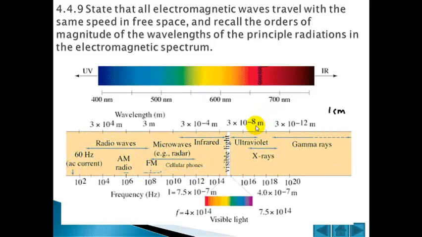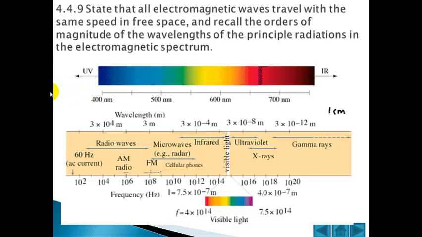And this is the whole picture, going from radio waves, which are hundreds of meters, even thousands of meters, down to about 3 meters. Microwaves from about 3 meters to about 1 centimeter. Infrared about 1 centimeter down to the limit of the red, which is 700 to 800 nanometers.